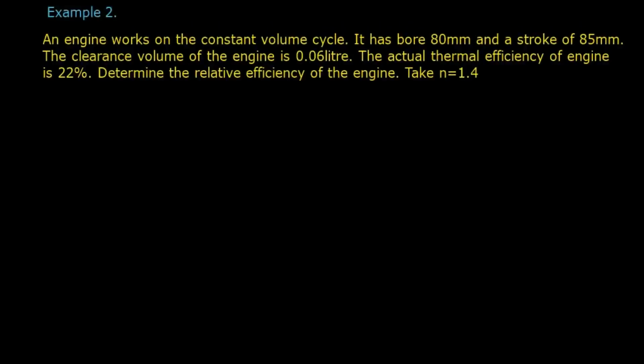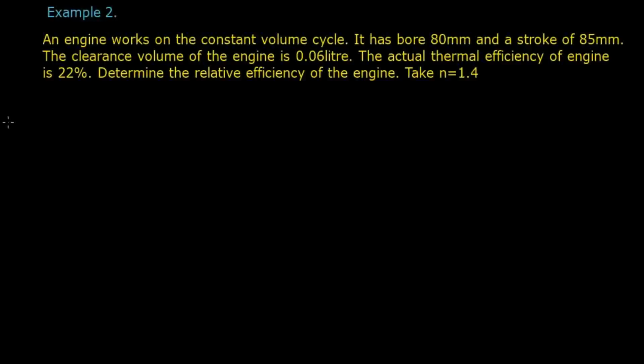Okay, now example 2. An engine works on the constant volume cycle. It has a bore of 80 millimeter, stroke of 85 millimeter. The clearance volume of the engine is 0.06 liters.